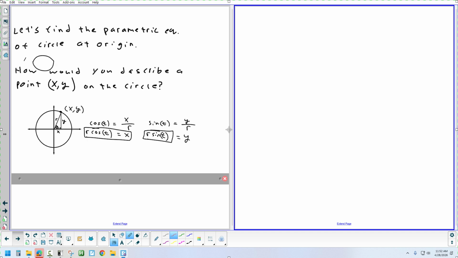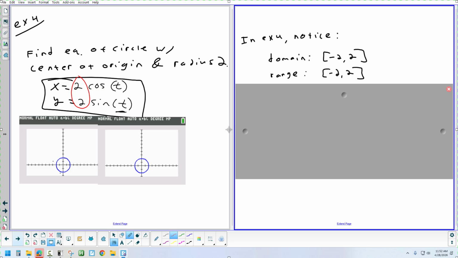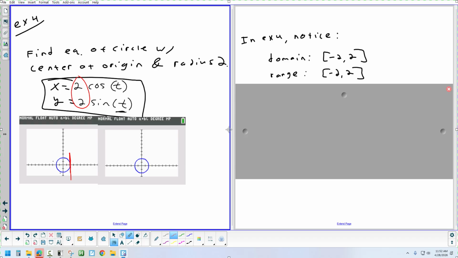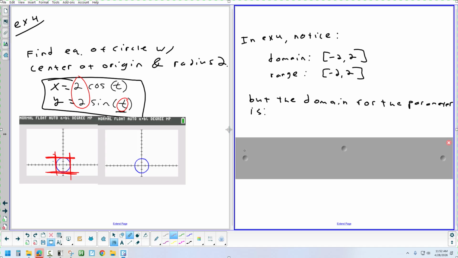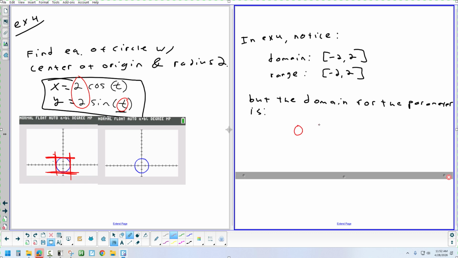Notice here, your circle only goes 2 units right, 2 units left, 2 units up, 2 units down. But what did I have to do for my parameter to get a full circle? I had to go 0 to 360, or if you were doing radians, it would have been 0 to 2 pi.